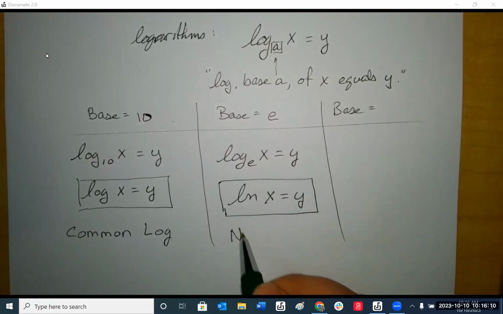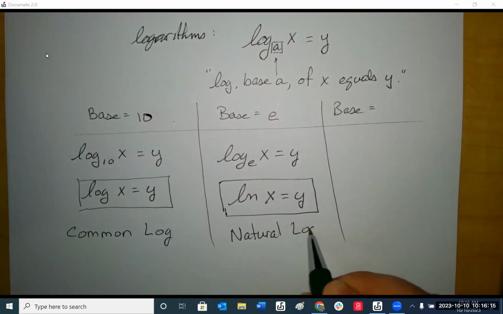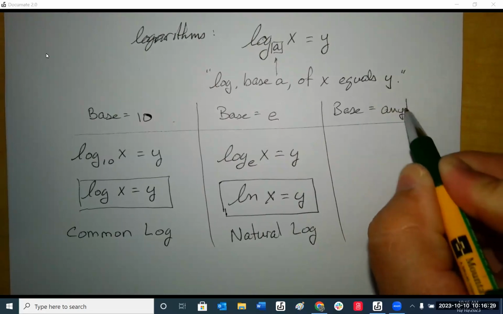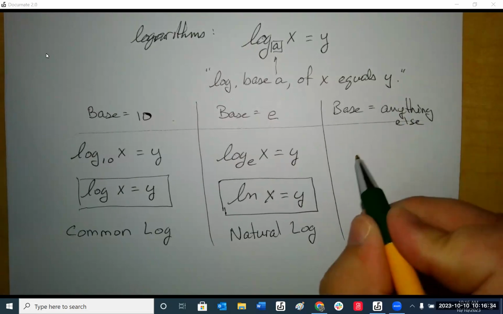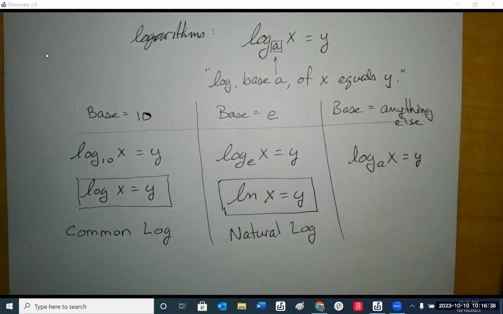We call that a natural log. And then anything else would be written as log base a of x equals y. Any other number other than 10 or e, you just leave it as it is.